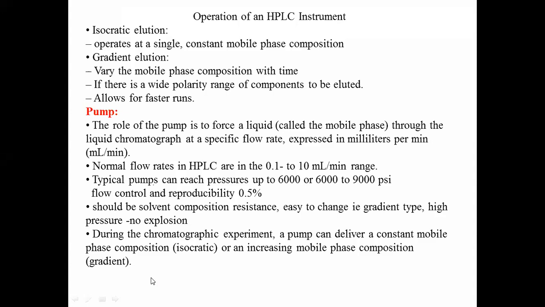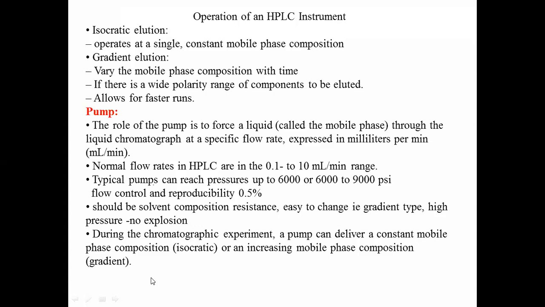So typical pumps. Now it is very important to know how to maintain this. Can every pump maintain up to that pressure or flow rate? Different types of pump systems are used in HPLC. Typical pumps can reach a pressure of 6,000 to 9,000 psi.